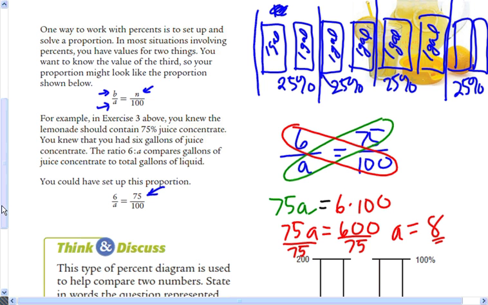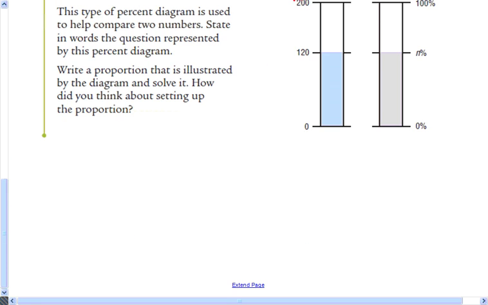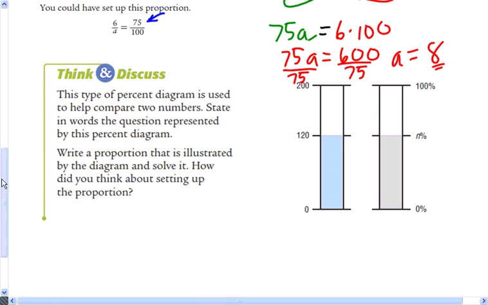All right, so let's try again here. So here we have a diagram, and it shows on this diagram that 120 of 200 total is filled up. You could think of this as a glass, and maybe there's 120 ounces filled out of 200 total. And we're wondering what percent that is. So thinking about our proportion where B is the part, A is the whole, N is the percent out of 100.